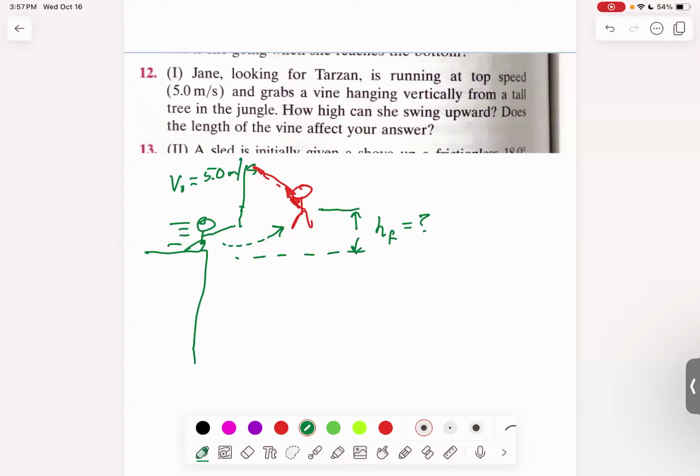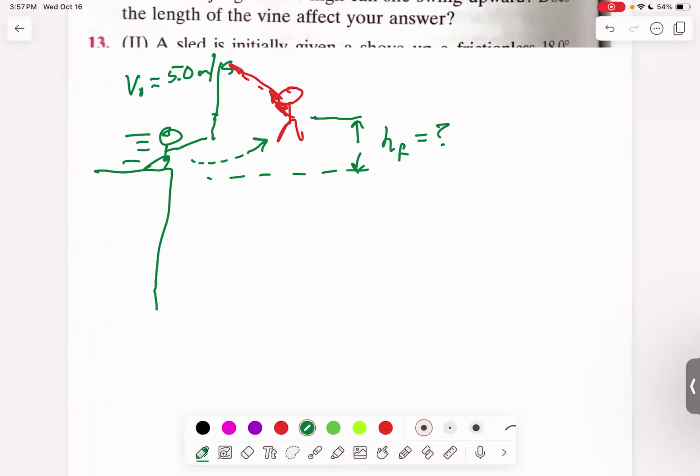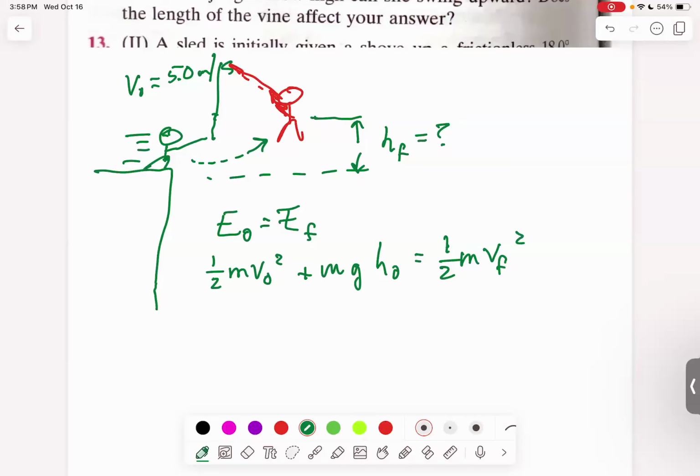So let's go to our theory here that says that E naught is equal to E final. And let's write out our formula. So we'll have that 1/2 mv naught squared, which is our kinetic energy, plus mg h naught is equal to 1/2 mv final squared kinetic energy plus mgh final. Okay.